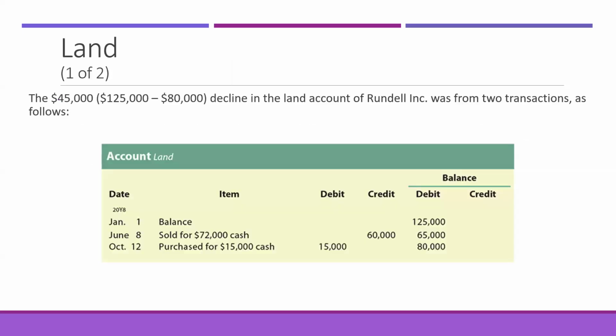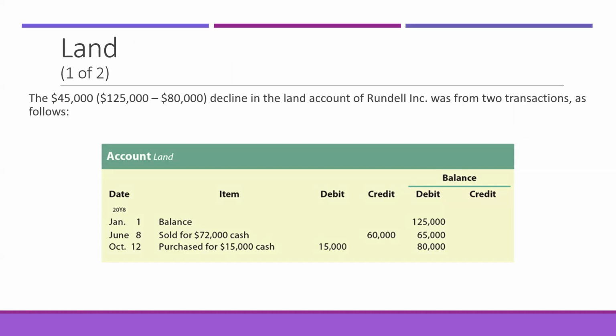For example, land. We take a look at all of the transactions in each of these accounts, because if we only looked at the beginning balance and the ending balance, it wouldn't necessarily reflect the amount of cash actually in the transactions, right?